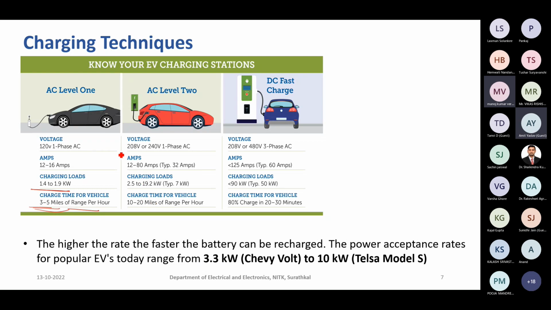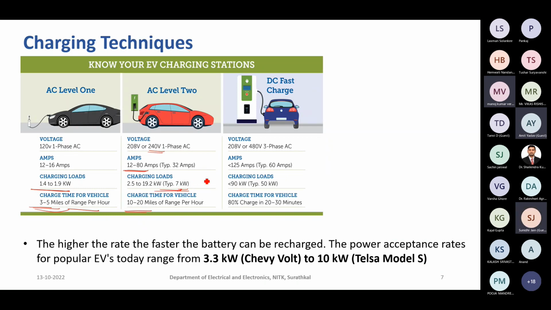In the case of AC level 2 chargers, it is around 208 to 240 volt, with current of a magnitude of 12 to 80 amperes, where we can increase the miles range, and the charging load is 2.5 to 19.2 kilowatt.